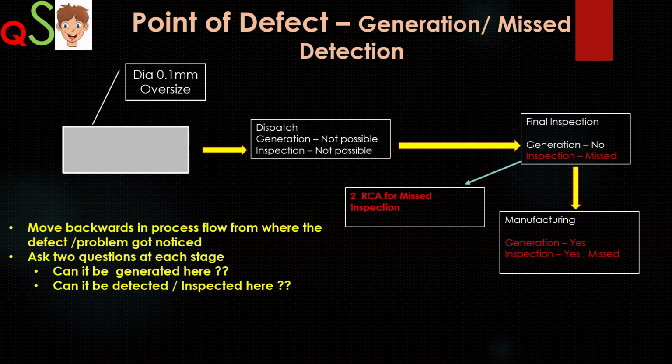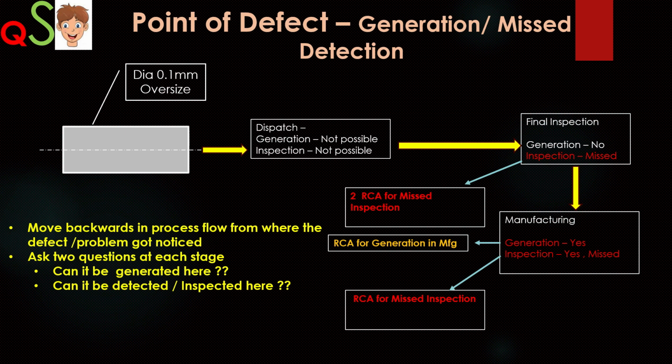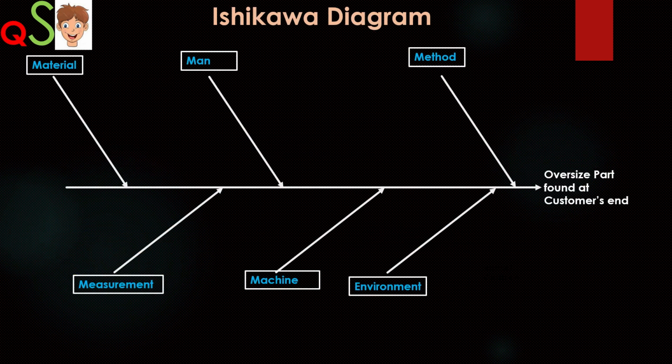Once we know these points, we have to have a detailed investigation to know why this is generated or missed using an Ishikawa diagram. In this example of an oversized pin, we find the detection is missed at two locations, before final dispatch and at the point where it got generated. We'll have to carry out separate investigations to understand why it escaped inspection in both the locations as well as why it got generated.